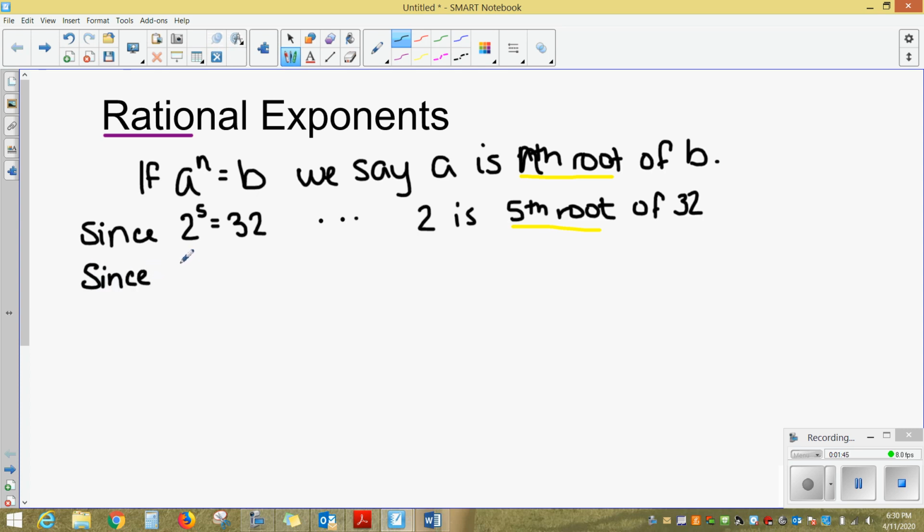Since 3 to the 4th power is 81, we say that 3 is the 4th root of 81.